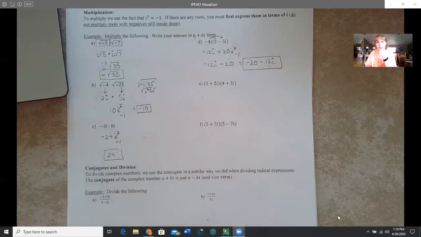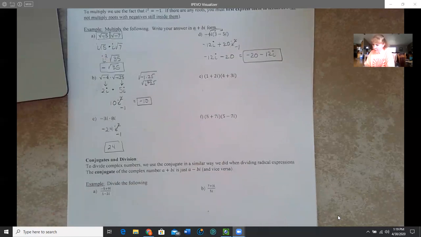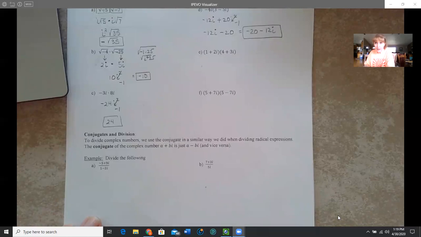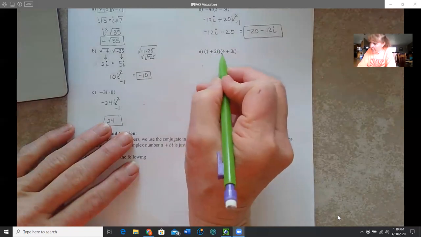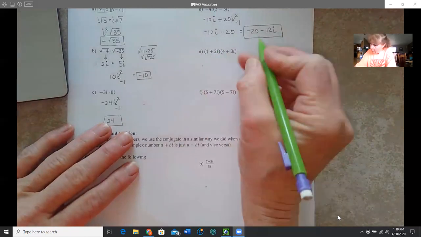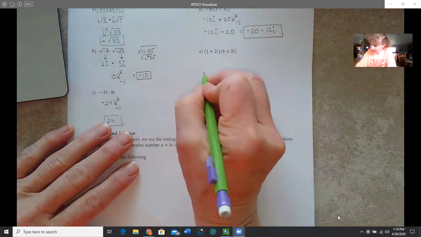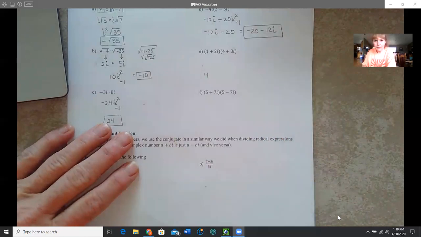Okay, let's look at E. Well, E looks like we're at the FOIL method. Never goes away, does it? Okay, let's look at our FOIL method. The first times the first. So we'll take 1 times 4, which gives us 4. I'll put it right here. I think I'll have enough room.